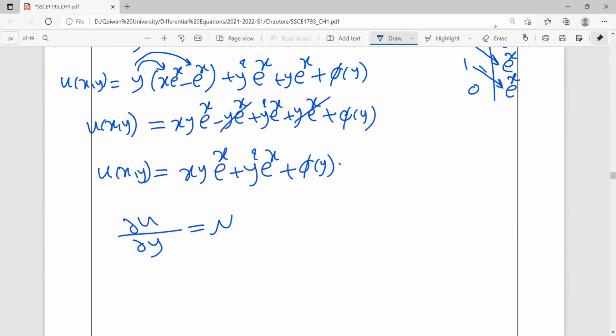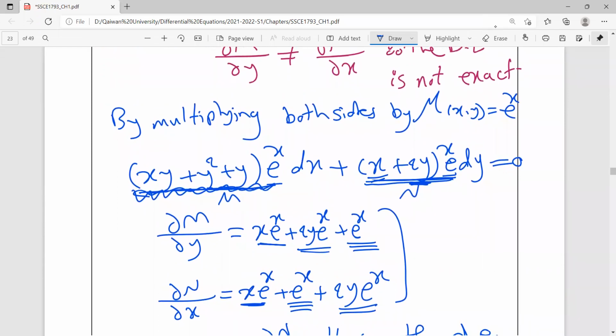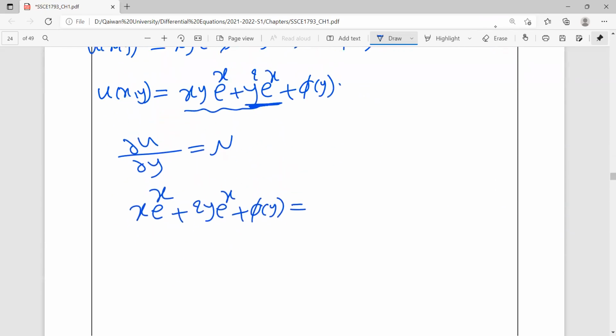Let's take first the derivative for this function with respect to y. Here we get x e^x, because x e^x is constant times y, the derivative is only x e^x times 1, which is x e^x, plus the derivative of this function with respect to y, 2y e^x, plus phi prime of y equals N. N is x plus 2y all multiplied by e^x.